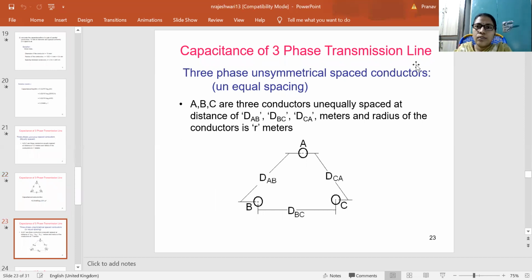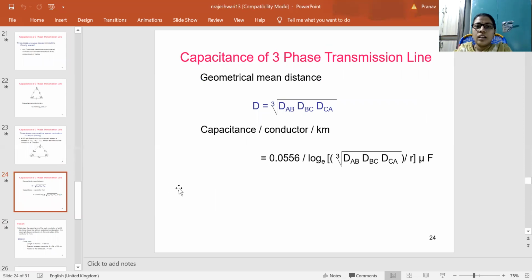And for unequal spacing of conductors, or unsymmetrically spaced conductors, the capacitance per conductor per kilometer is equal to 0.0556 divided by log of cube root of DAB into DBC into DCA divided by small r microfarads, where this cube root of DAB into DBC into DCA is the geometrical mean distance capital D. So geometrical mean distance capital D is equal to cube root of DAB, DBC and DCA.